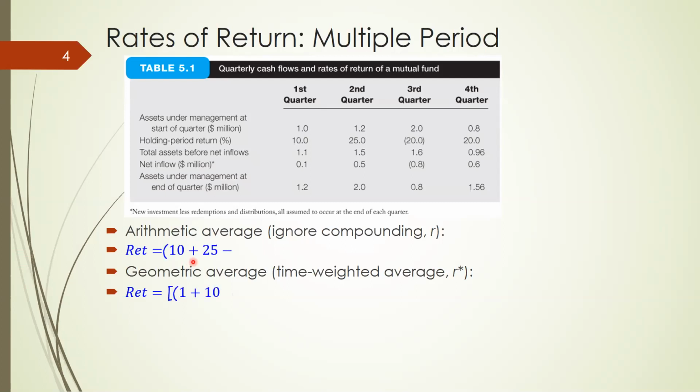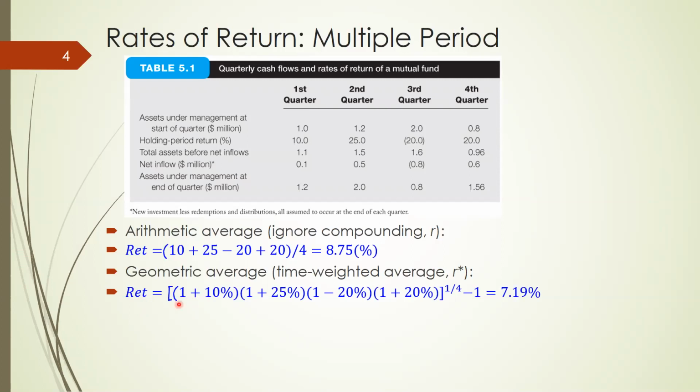In the first calculation, the arithmetic mean return is 8.75%. In the second calculation, we compound the 10%, 25%, negative 20%, and positive 20% for the 4 quarters, take the exponent of 1/4, and subtract 1.